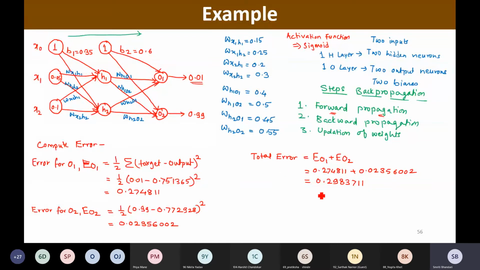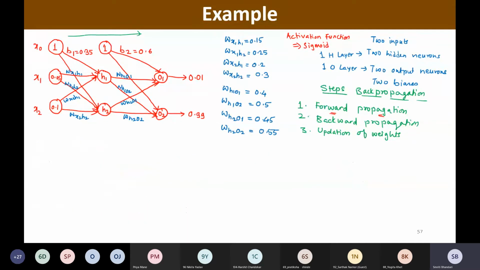Okay, now we are done with this forward propagation. We have computed the error, and now we are going to back propagate the error. Okay, so let us see now the step number 2, and that is the back propagation.